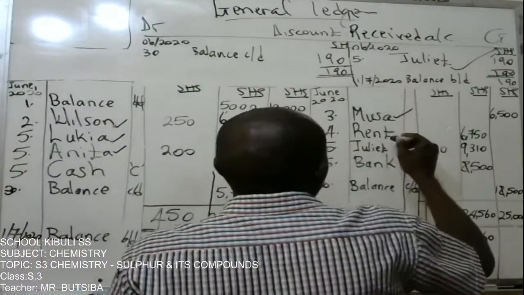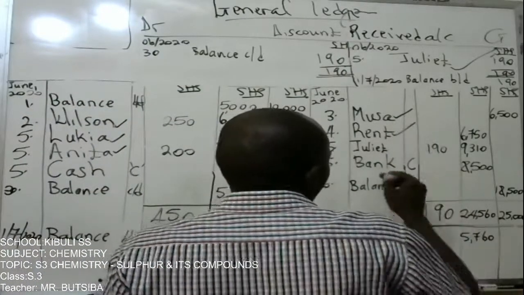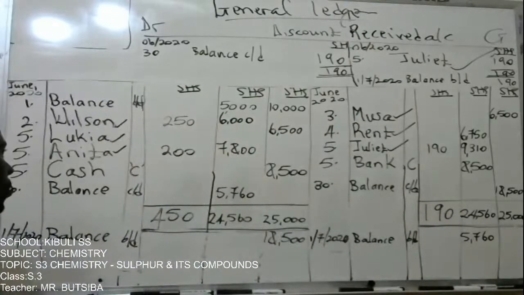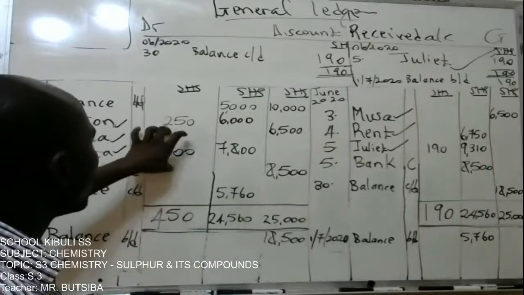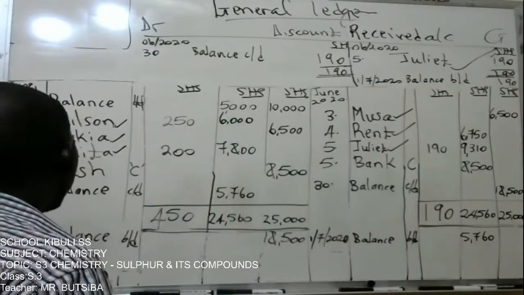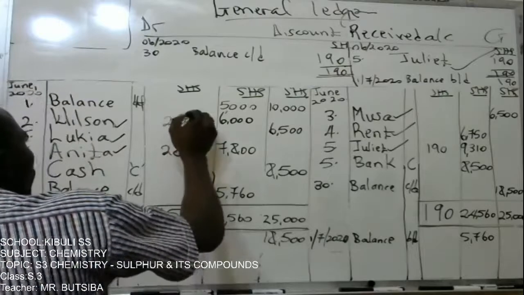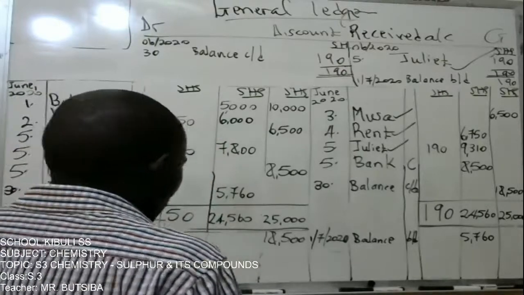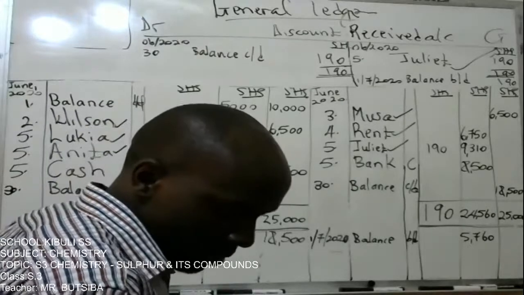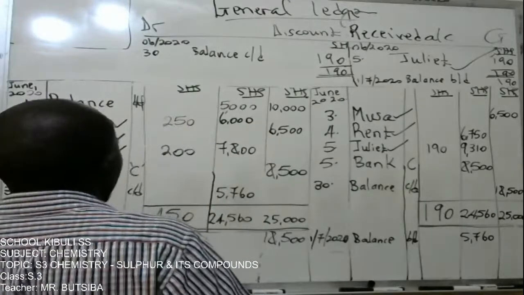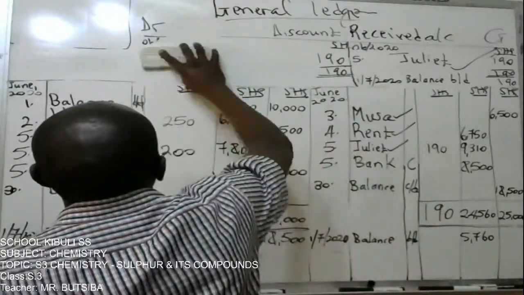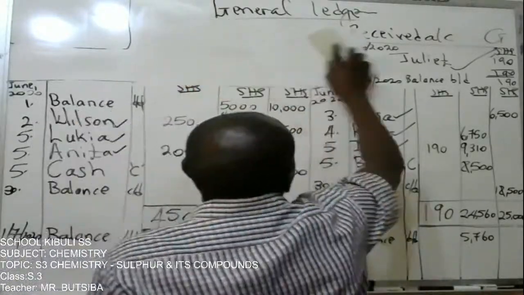You have Musa's account, you have rent account, and then Juliet's account. So how do you record these discounts in the respective ledgers? So you can also illustrate that one. Basically, you're going to look at the transactions that had discounts. The rest of the transactions, you know how to record.